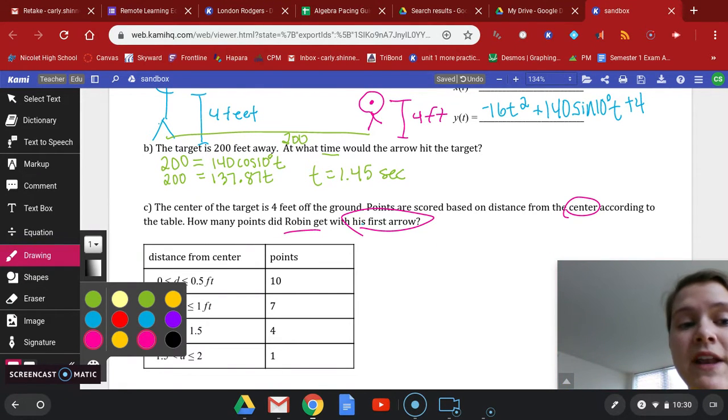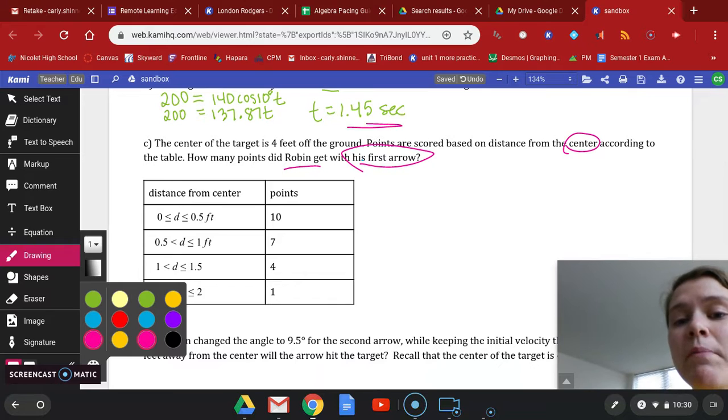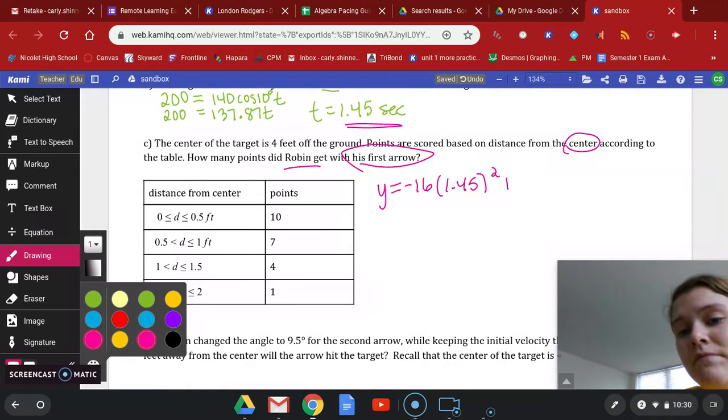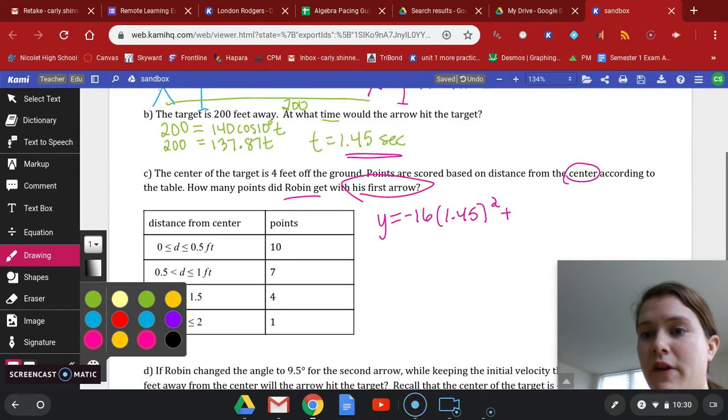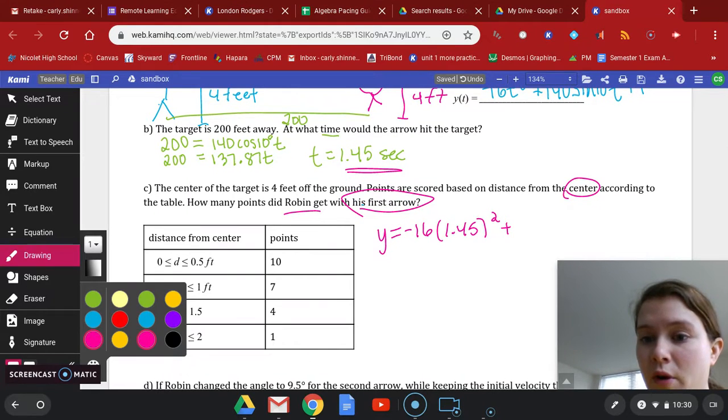Because that will tell me if it hit the bullseye or not. So I'm going to plug in 1.45 into my vertical equation. 140 sine of 10 degrees times 1.45 plus 4.